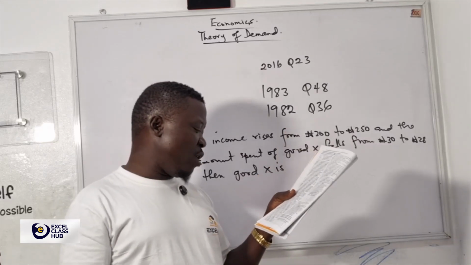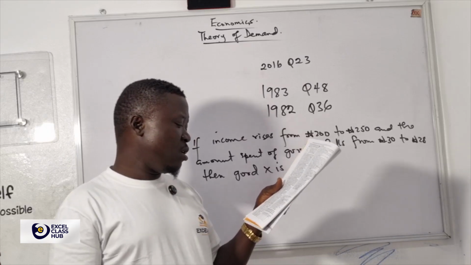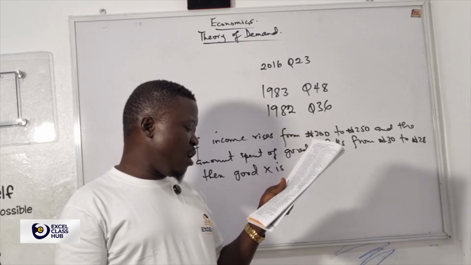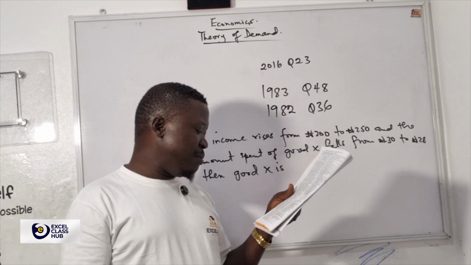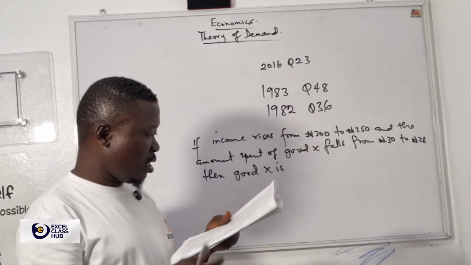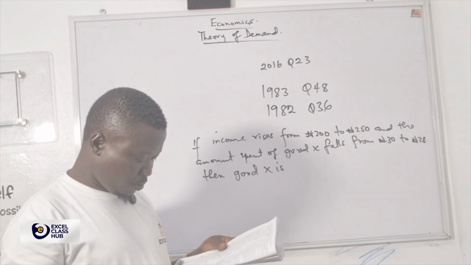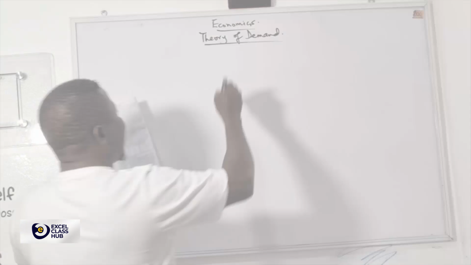The options here are income elastic good, normal good, inferior good, demand elastic, and supply elastic. So the answer is an inferior good.